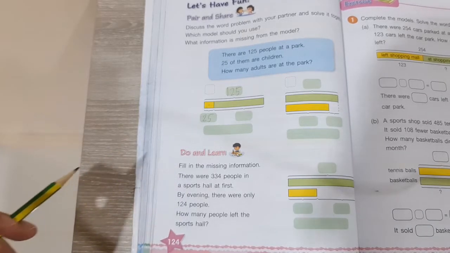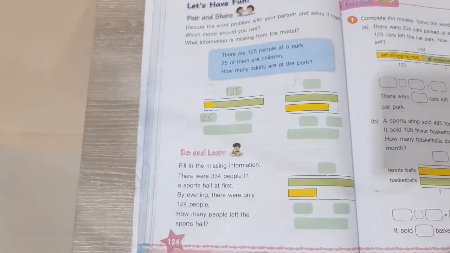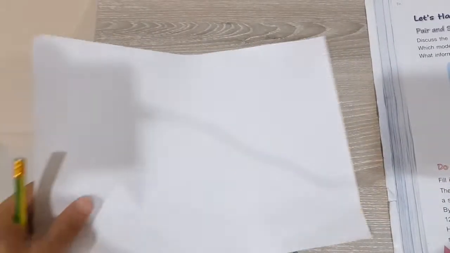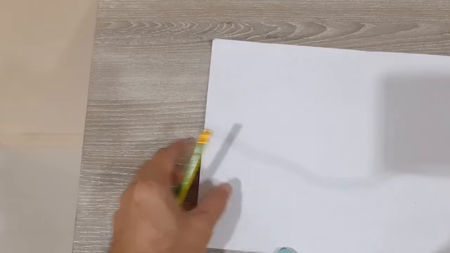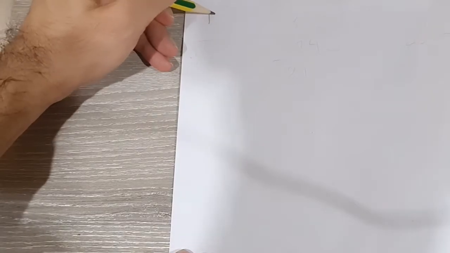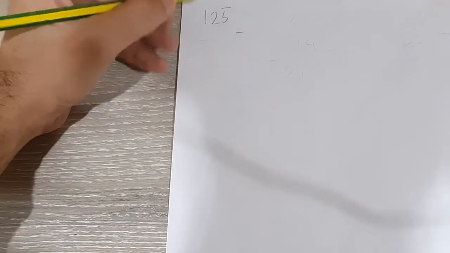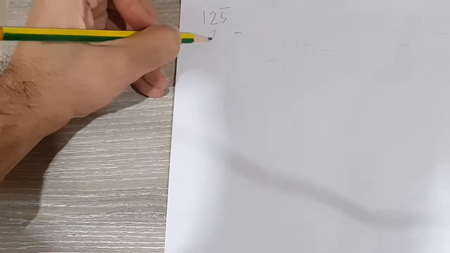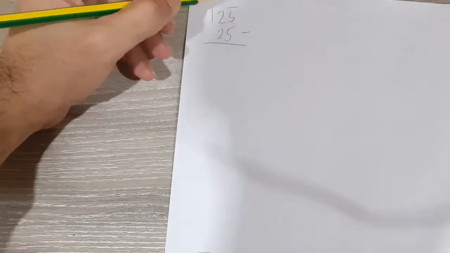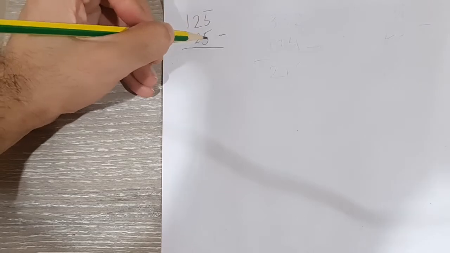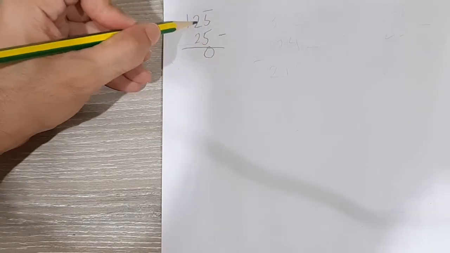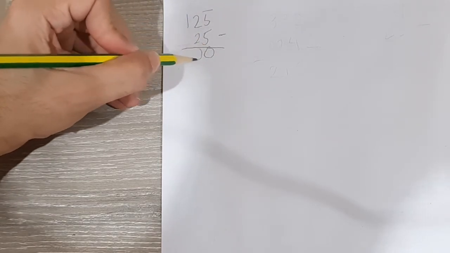That we will solve. I will get a piece of paper and put it here. Now, let us solve. 125 people. Take away 25 children. 5 minus 5, 0. 2 minus 2, 0.